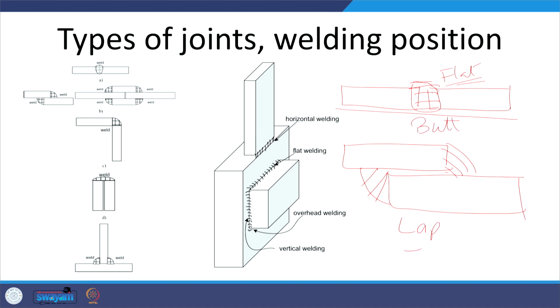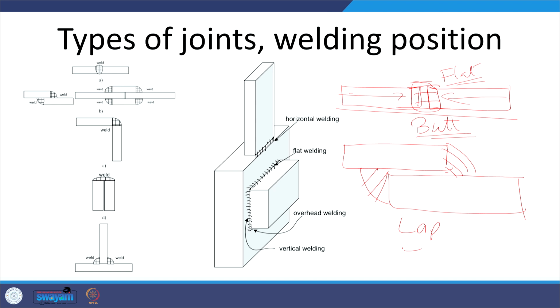When we have the plates placed in the same flat position and the edges are aligned with each other, so the components are in abutting position, then this is called a butt joint.